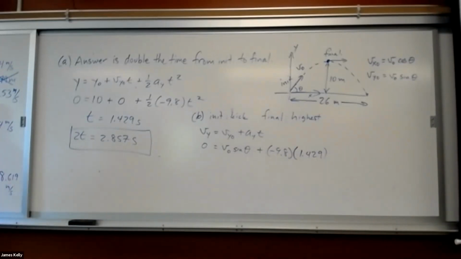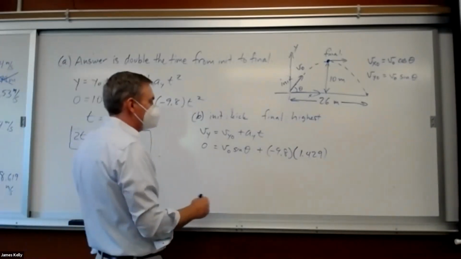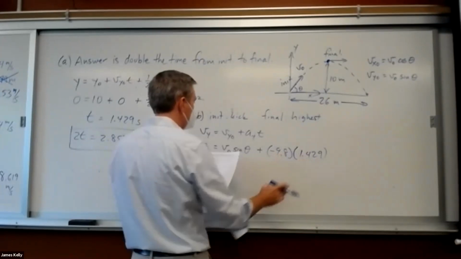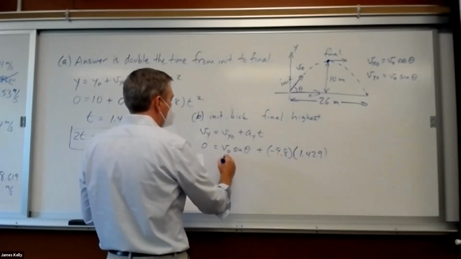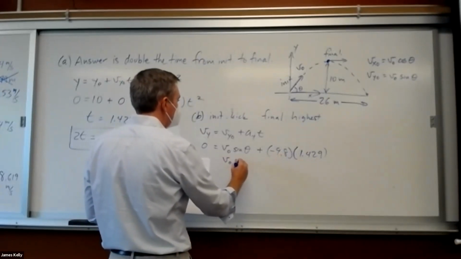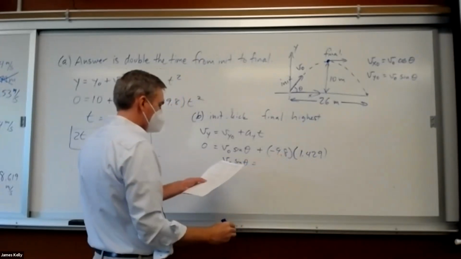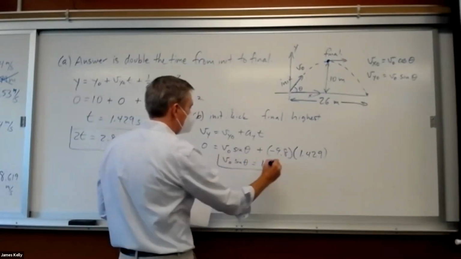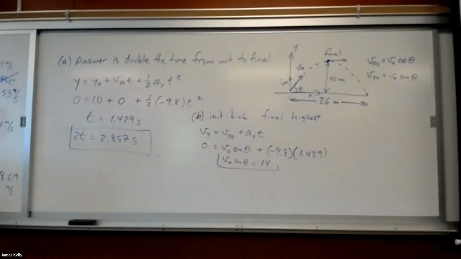Unfortunately, I still have two unknowns in there, V0 and theta. So I'm just going to kind of, did I solve for anything? Yeah, here I multiplied these together, and I can therefore figure out that V0 times the sine of theta is equal to a number that's very close to, or maybe exactly equal to 14 when I multiply those together and put them on the other side of the equation.